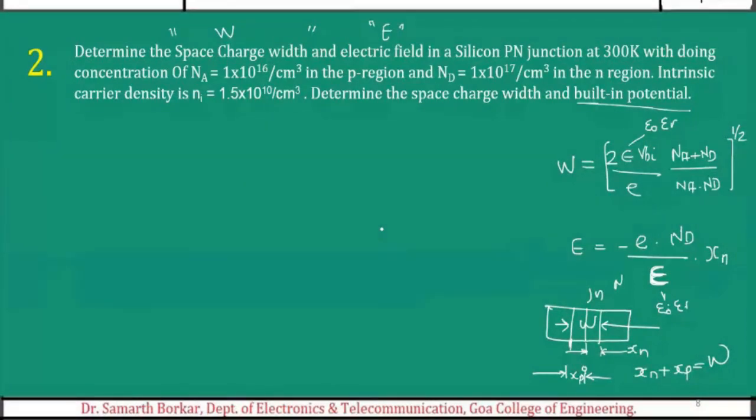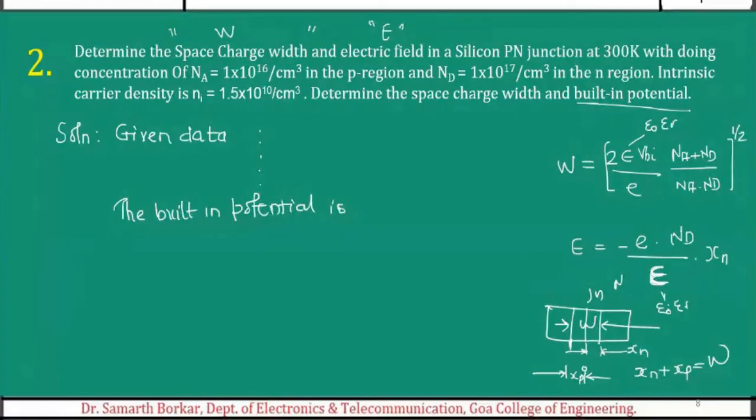Solution. First write down the given data, then the equation. The built-in potential is given as VBI equals VT log to the base E of NA ND by Ni square.